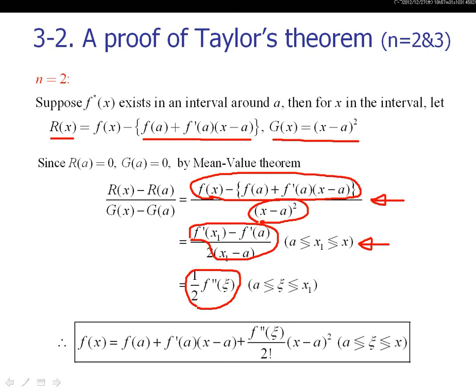And this proof is taken from a textbook I learned in a university, and I was inspired by this proof. So I wanted to make computer graphics to support this proof. So now we get this second order Taylor series, and this is a strict proof.